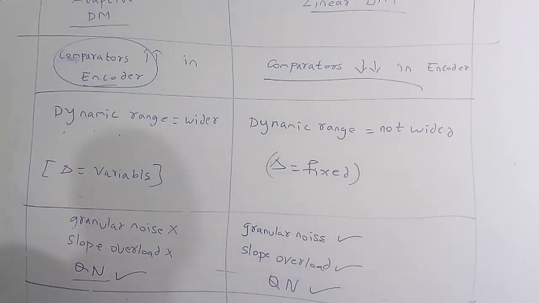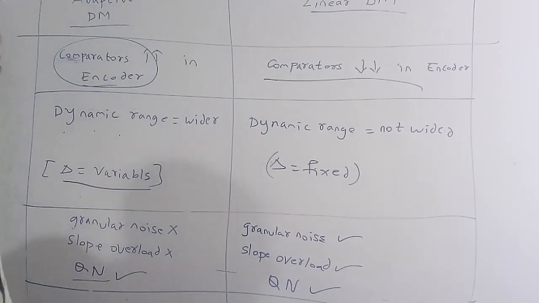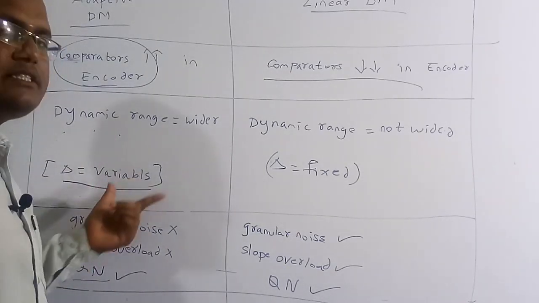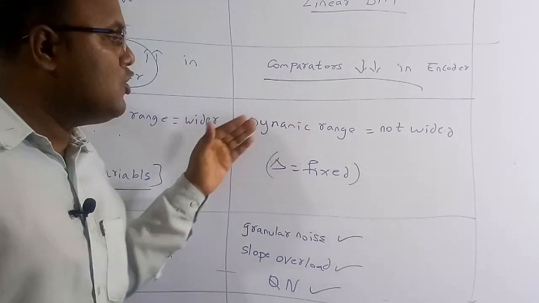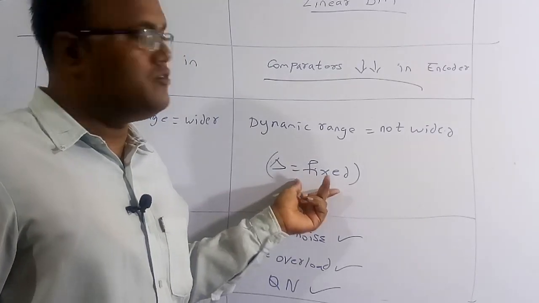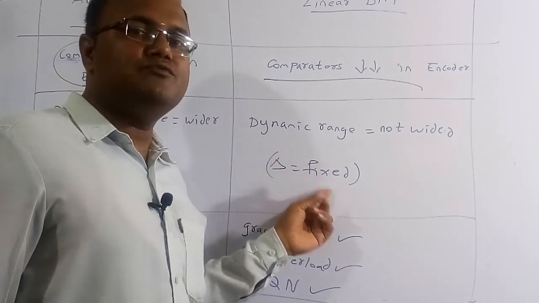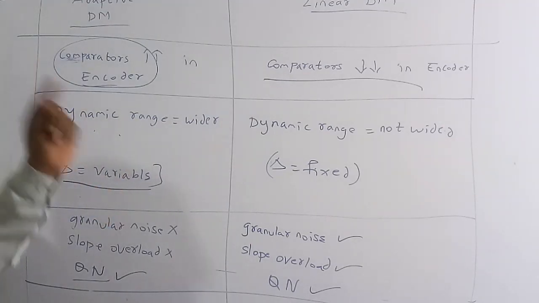And for the adaptive delta modulation, the step size is variable, so based on the input the step size can be a variable value. But for a linear delta modulation, no matter whatever the message signal, the delta value is always fixed. So delta is fixed for each and every message signal, but the delta value is variable for the adaptive delta modulation.